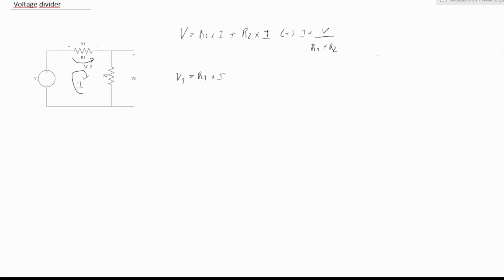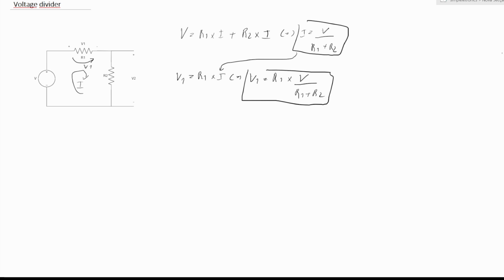And so we can put the current formula in here, and then we will say that V1 is equal to the resistance 1 multiplied by V, again divided by R1 plus R2. And this is the voltage divider formula.